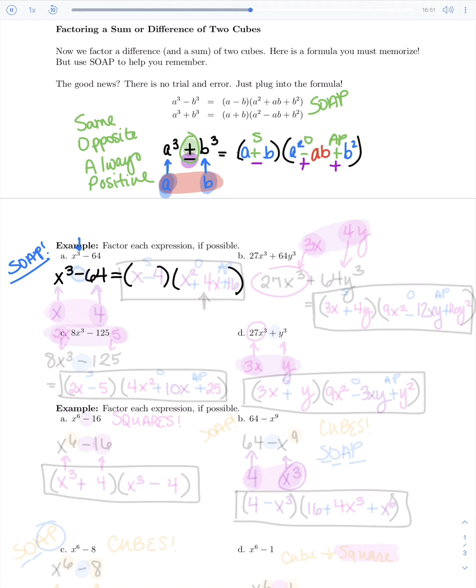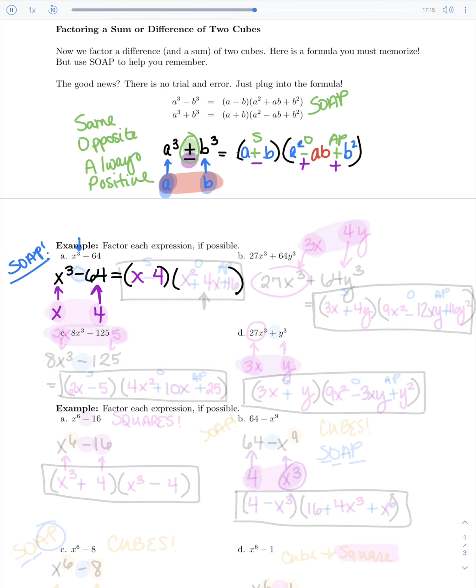So this is going to be bigger. But I still start off the same way. I need to figure out what's cubed in each piece. Well, there's an x that's cubed in the first piece. What is cubed or multiplied by itself 3 times is a 4. So I get my x and my 4 in my first piece.